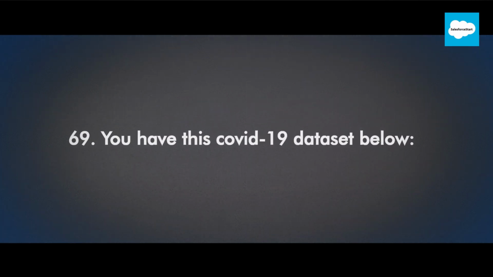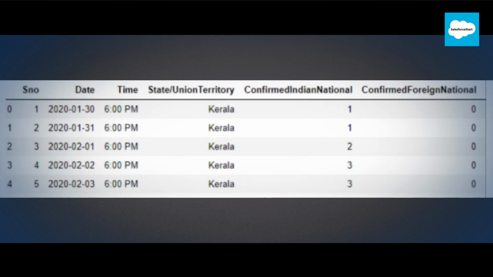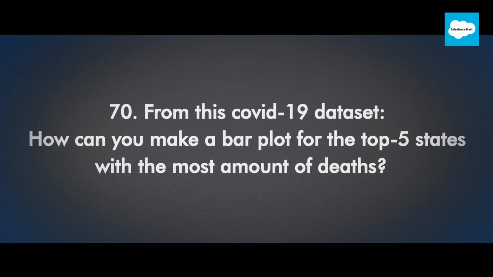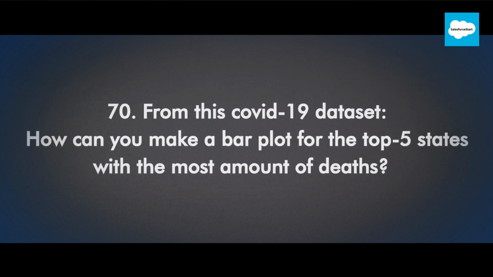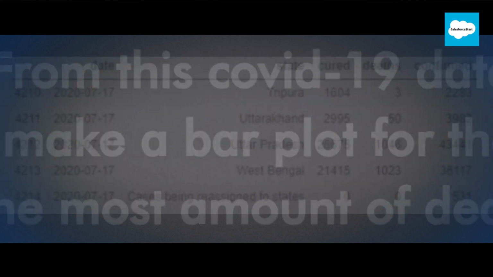69. You have this COVID-19 dataset below. From this COVID-19 dataset, how can you make a bar plot for the top 5 states with the most amount of deaths?